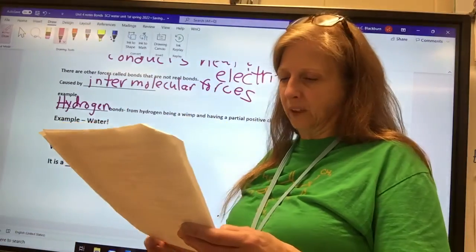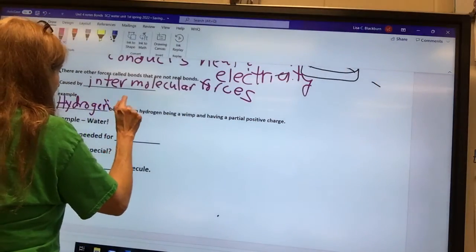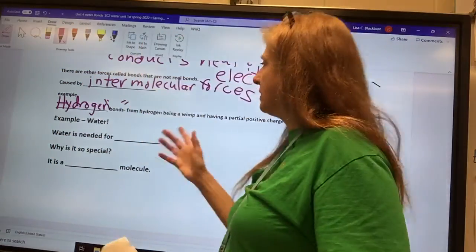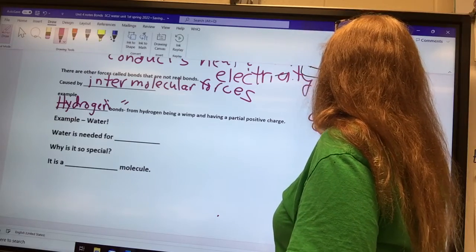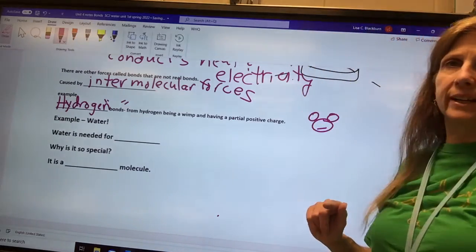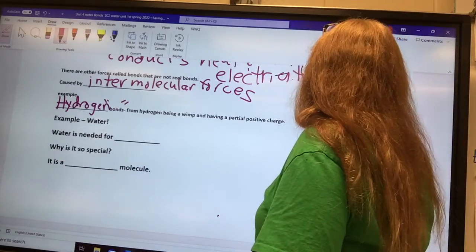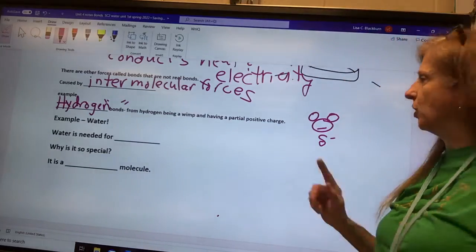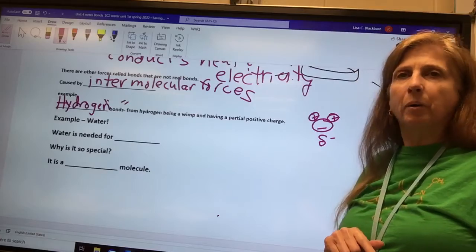So this is a real big example. This is water, okay? It's hydrogen bonds, but you can put little air quotes around that, meaning it's called bonds, but it's not really. So water has oxygen, and then it's got the hydrogens. The oxygen is partially negative, because it is more electronegative. The hydrogens are partially positive.